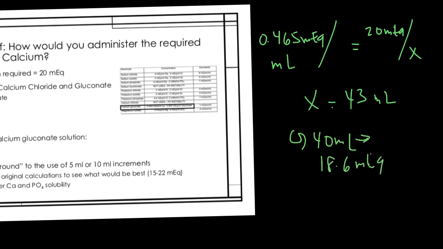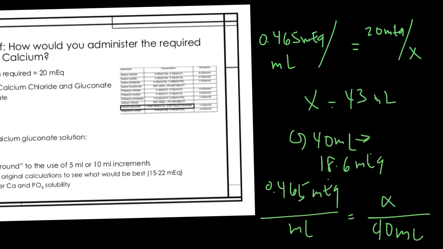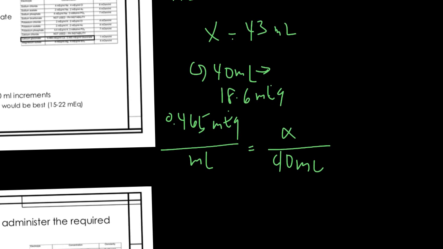How'd she get that? Well, it's a concentration of 0.465 milliequivalents per milliliter. You know that 40 milliliters, solve for x. Let me check the math for you. 18.6, that's right.